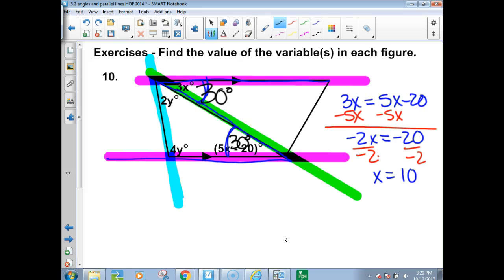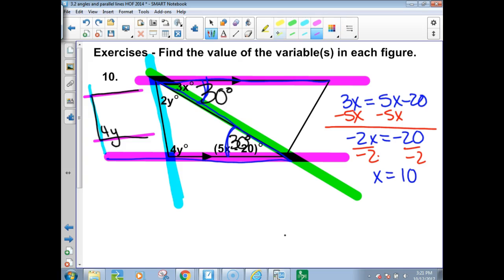Okay. So now we're looking for a way to find y. Right there's a 4y. I'm separating it out so you can see what I'm talking about. That's where the blue line is and the pink lines.